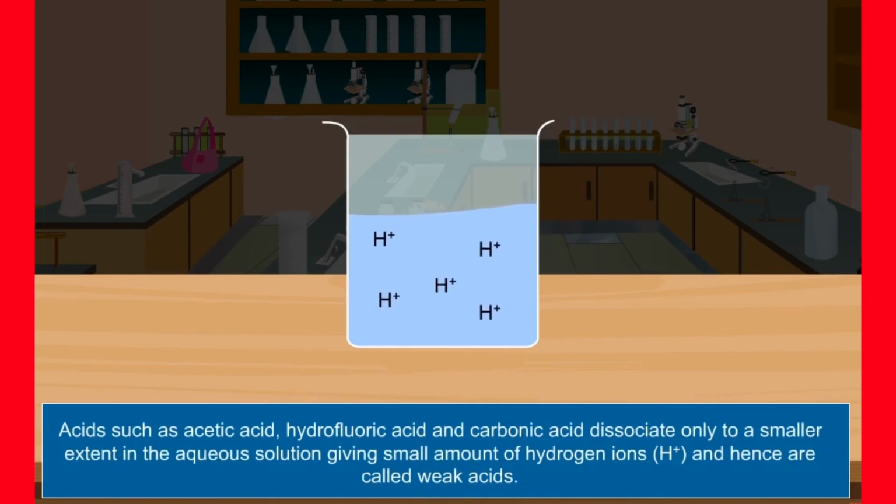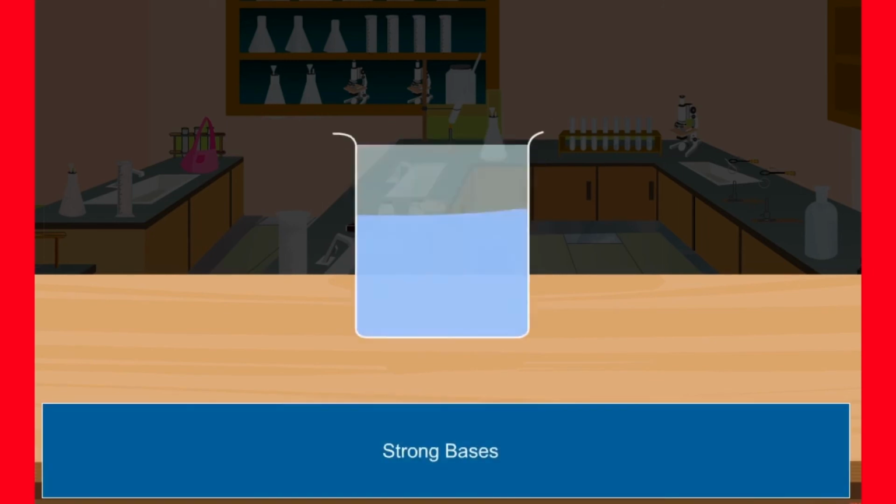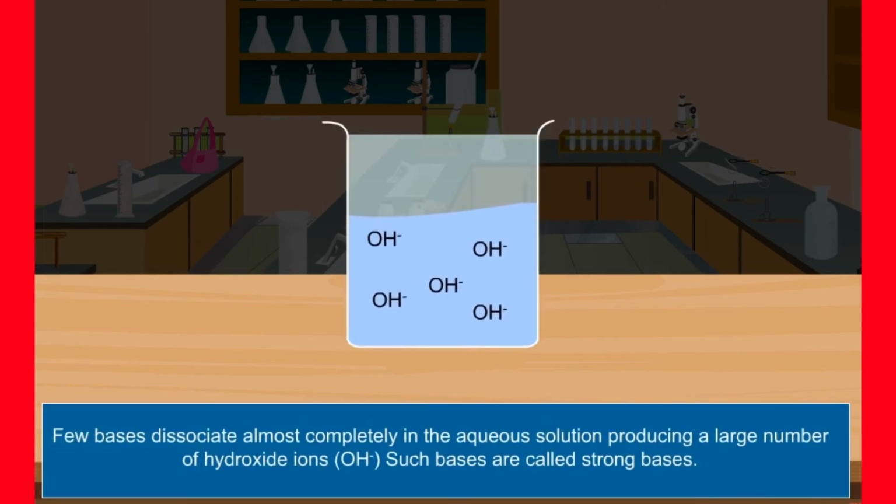On the other side, acids such as acetic acid, hydrofluoric acid and carbonic acid dissociate only to a smaller extent in the aqueous solution, giving a small amount of hydrogen ions, and hence are called weak acids. Likewise, a few bases dissociate almost completely in the aqueous solution, producing a large number of hydroxide ions.